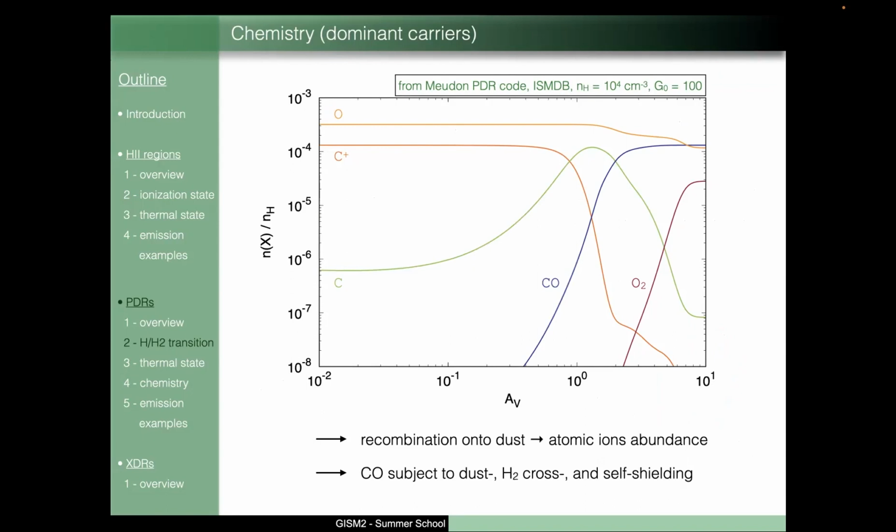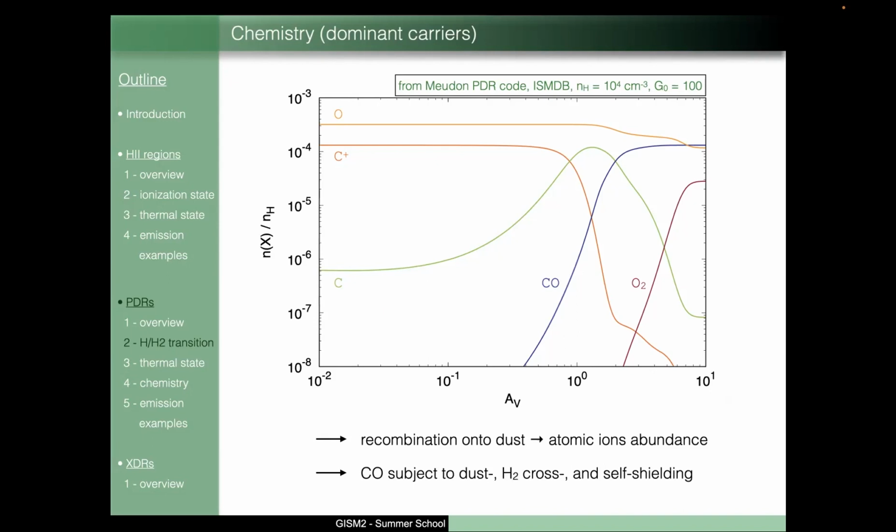And the photoionization of carbon is mostly controlled by dust absorption. Dust is absorbing the photons that are photoionizing the carbon. It's not entirely true. There is some contribution from the carbon itself. The carbon is somehow self-shielding itself a little bit in PDRs.